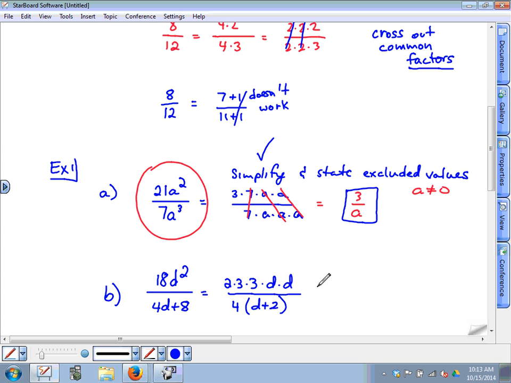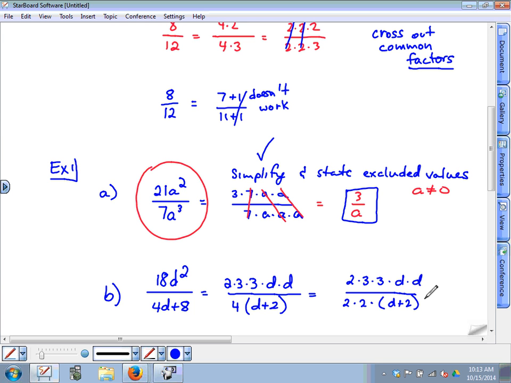And then I want to go one step further. Again, as you guys get better at this, you might not have to do all of these steps. But I want to change this 4 into 2 times 2 times d plus 2. Now you need to try your hardest to listen very carefully and try to understand this.